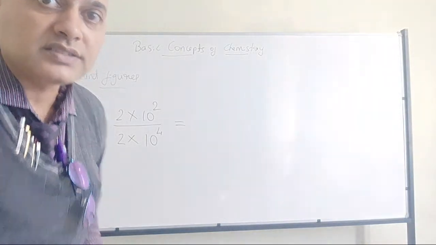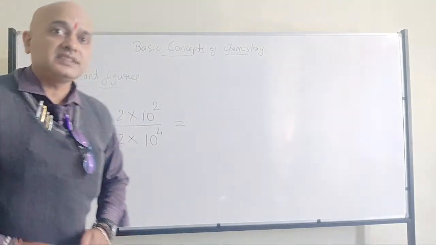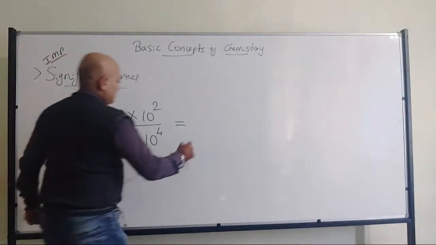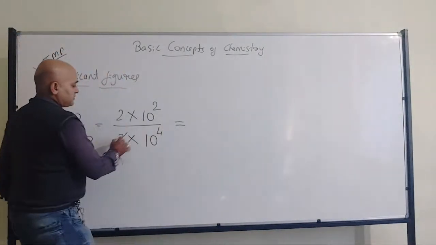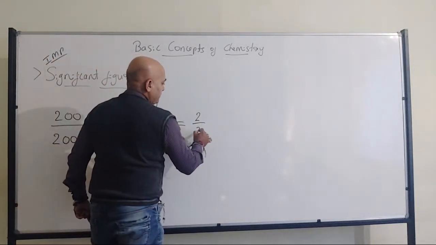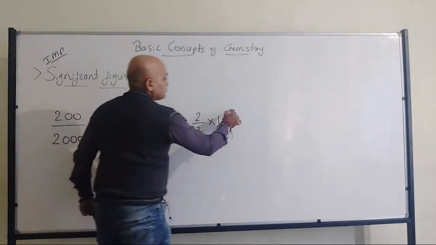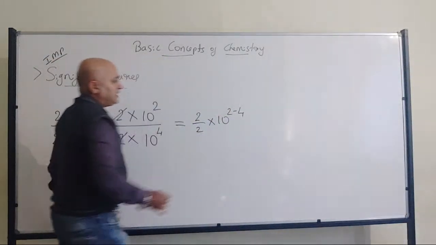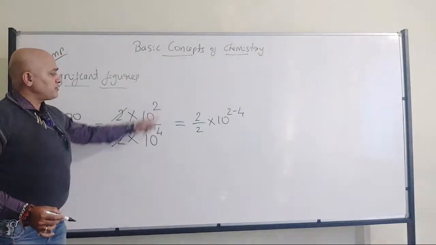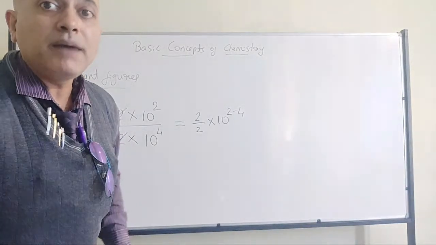So Suhas only, right? Sneha, she has written 1 by 10, right? So in that case, anyway, this will get cancelled. So we can make it as 2 by 2 into 10 to the power of 2 minus 4. When I take this one on the upper side, it will become minus.